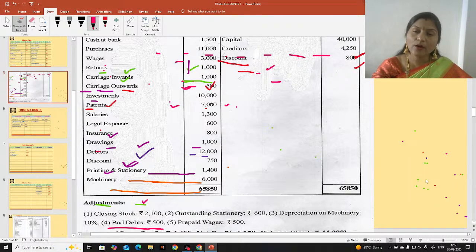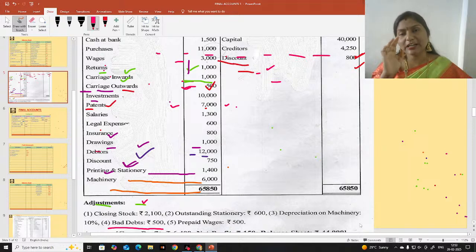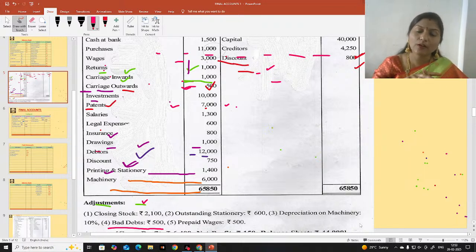So debtors we record in the balance sheet, on the asset side. But the bad debts we should record 2 times because that is given in adjustments. One time definitely it will appear in the balance sheet. Since it is related to debtors, we are going to deduct from debtors, but first time it will appear in the profit and loss account debit side.